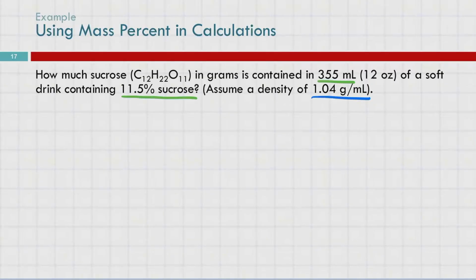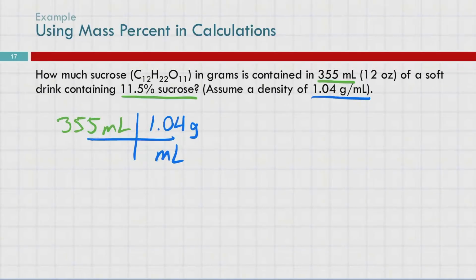To start, we should figure out what this milliliters is in grams, since we're doing mass percent stuff. So 355 milliliters. We can multiply by 1.04 grams per milliliter. So the milliliters is on the bottom. That will cause them to cancel out. So then we're left with grams.